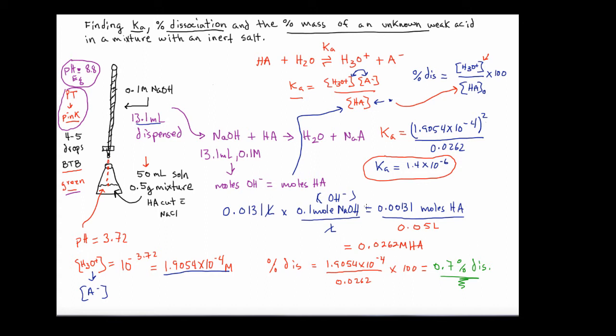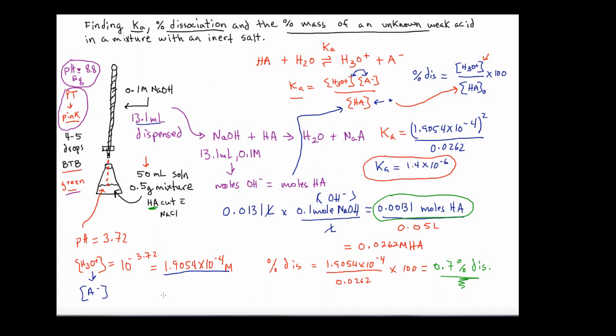Now the last thing we need to do is find the percent mass of our HA that was in the 0.5 grams of the original solid mixture that we massed out. So to do that, I'm going to go back and grab my value of my moles of HA, because this is the moles of HA that is in this mixture.